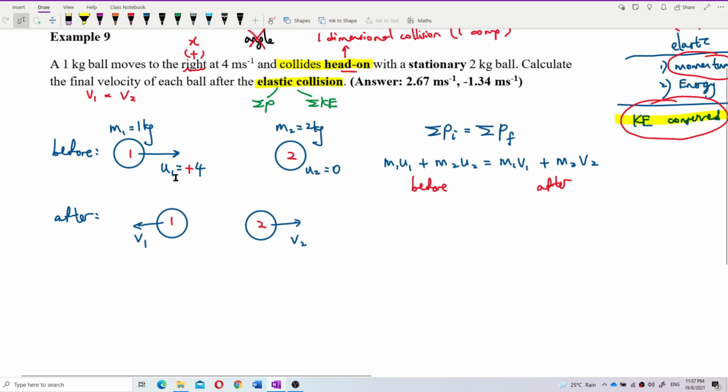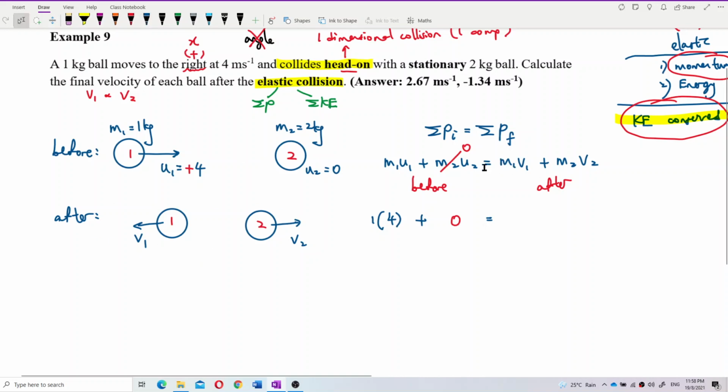This one is 1 kilogram, so just put 1 kilogram, and then u1 is positive 4, because it's going to the right, plus m2 u2. u2 is 0, because it is stationary. So when u2 is 0, the momentum is also 0. Now look at the final, after collision. Just now this part was before collision. Now the right hand side is after collision.